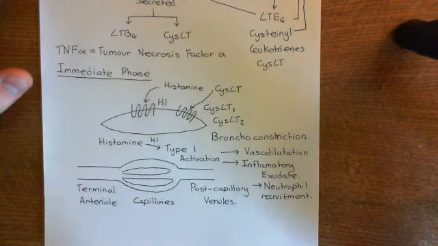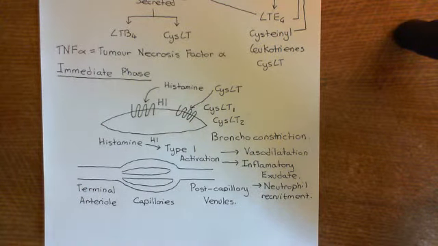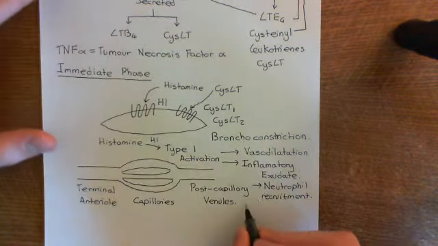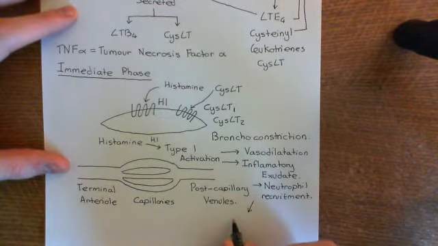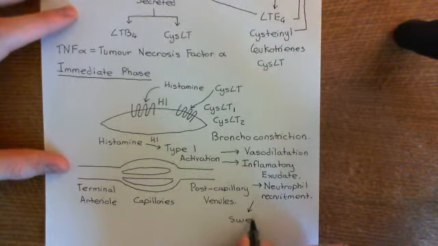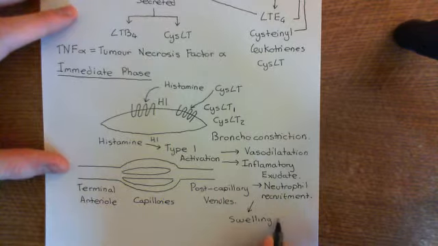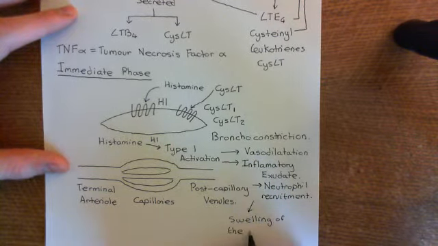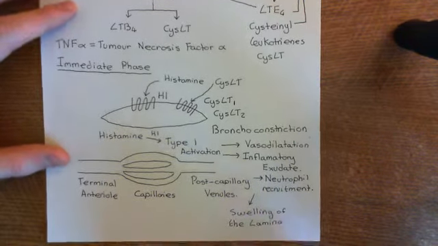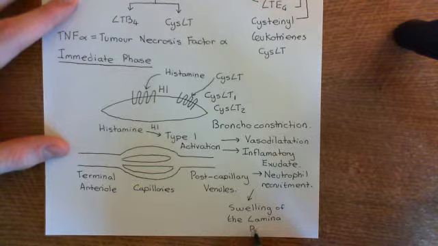So you bring in neutrophils, you produce the inflammatory exudate, you vasodilatate. Overall this leads to the swelling of the lamina propria. That's the overall result of this. And both the swelling of the lamina propria and the bronchoconstriction of the smooth muscle layer lead to the obstruction of the airway. And this is the problem.